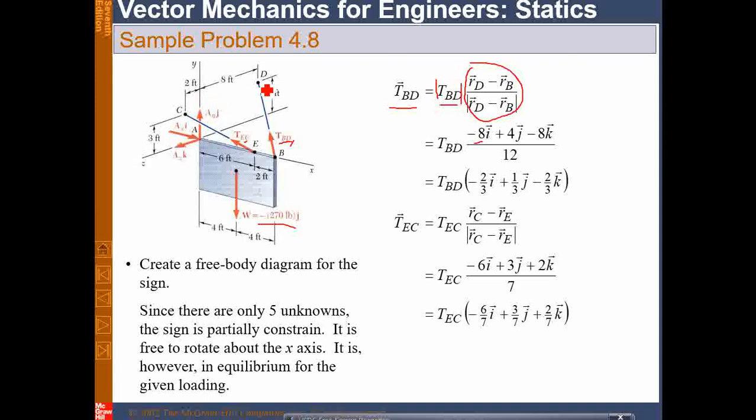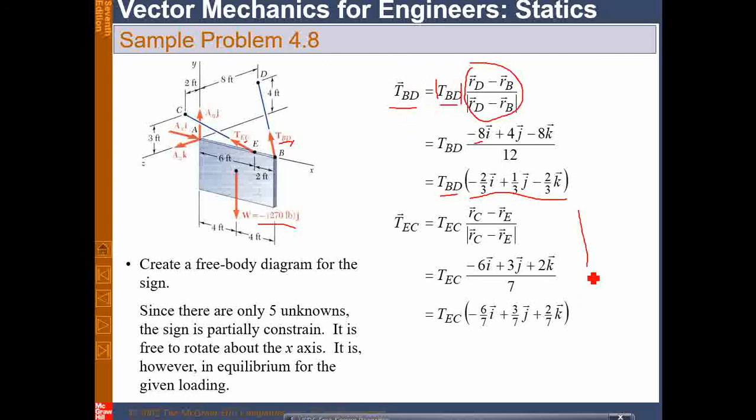So the unit vector is divided by the square root of 8 squared, 4 squared, 8 squared. This becomes 12. So we'll be having magnitude times a unit vector. This gives you the vector TBD.